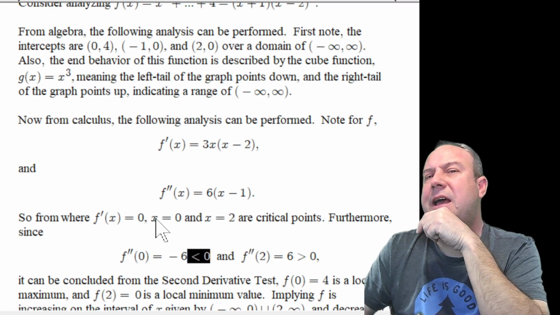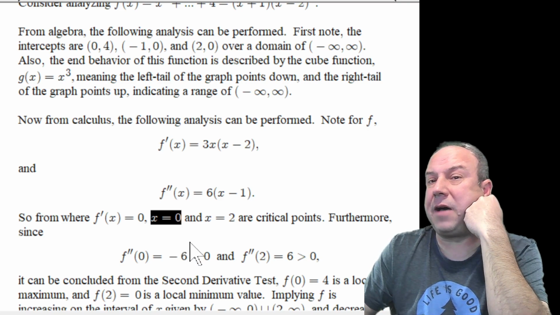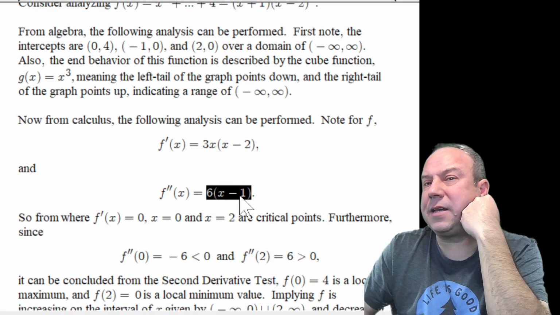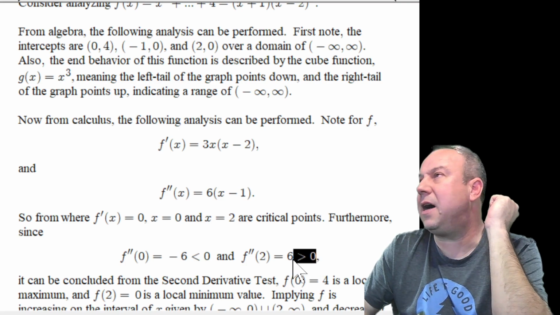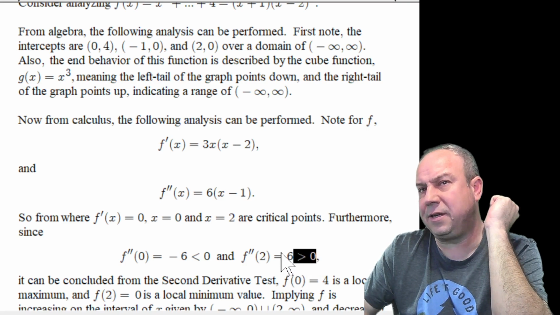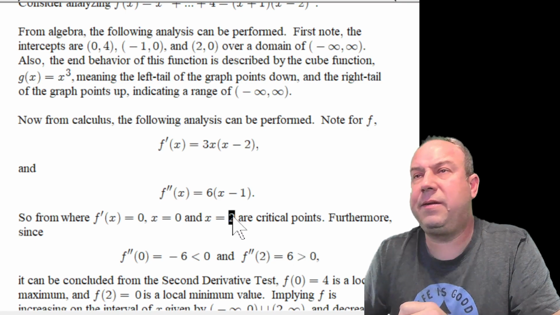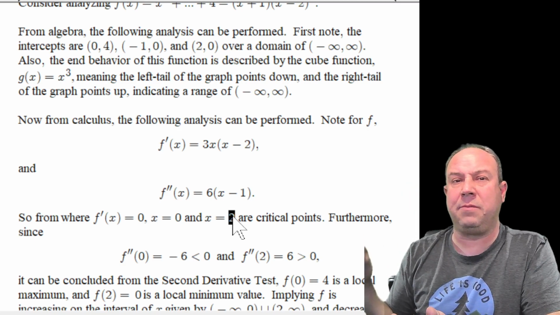And that means at x equal to 0, I must have a local maximum value. And when I sub 2 into the second derivative seen here, I will get positive 6. That's greater than 0, which means I am concave up on this interval. And at x equal to 2, if I'm concave up, I must be at a local minimum value.